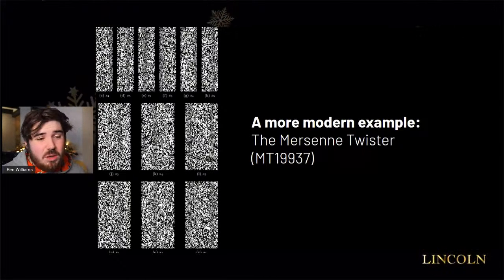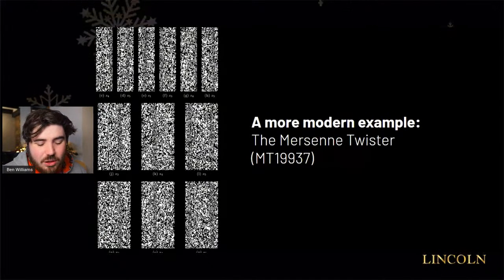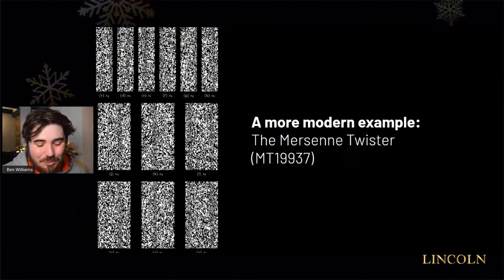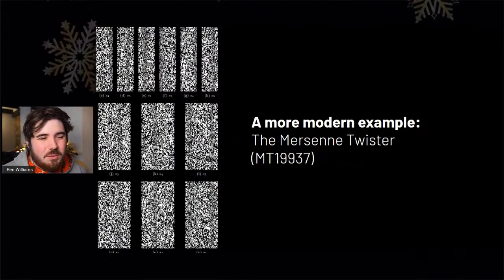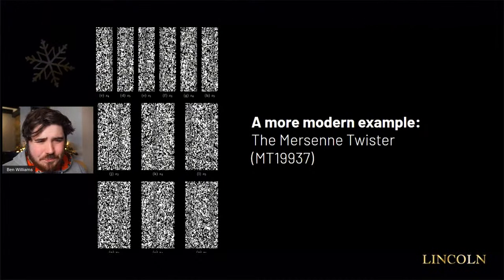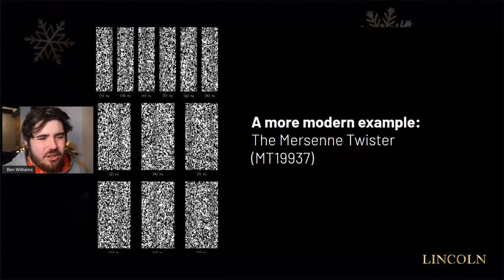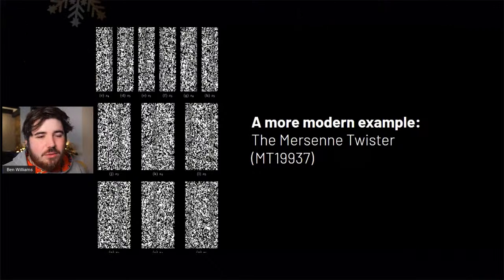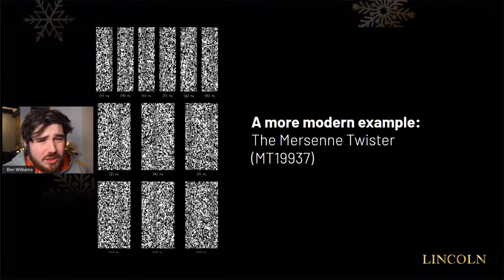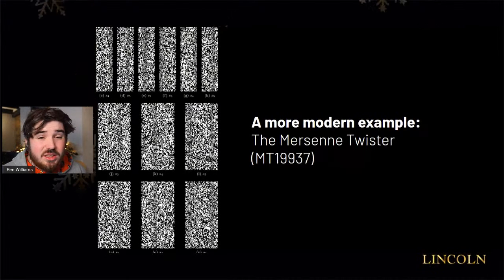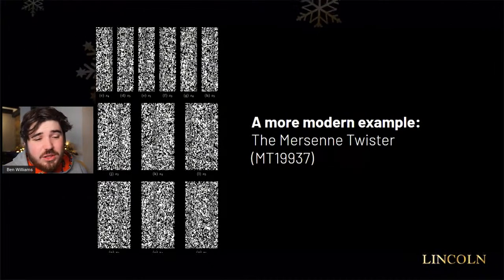Twister comes from the particular type. I know it does sound like a dance move, but it does. It comes from the way the random numbers are generated. It uses something called a twisted linear feedback shift register. So using that kind of approach, we come up with the name Mersenne Twister because it's based on the Mersenne primes.